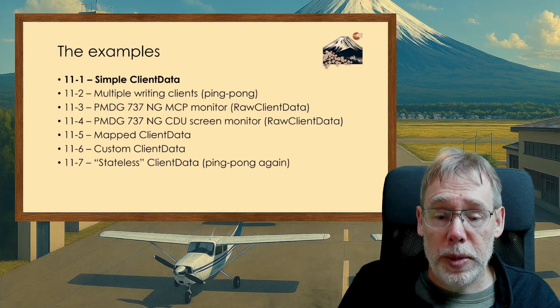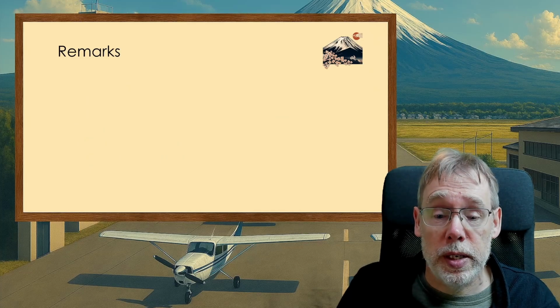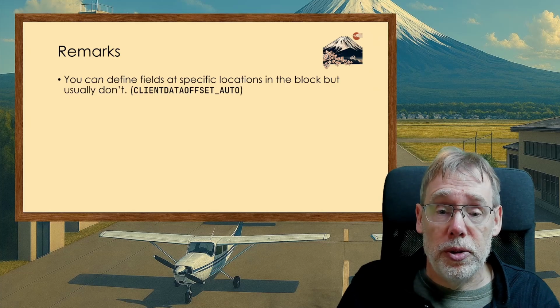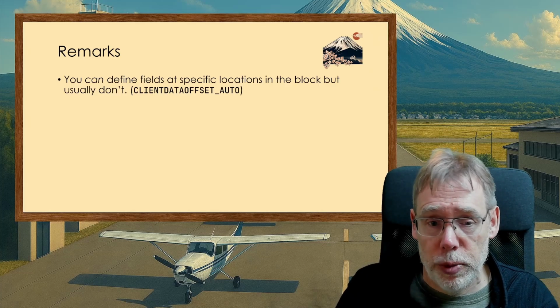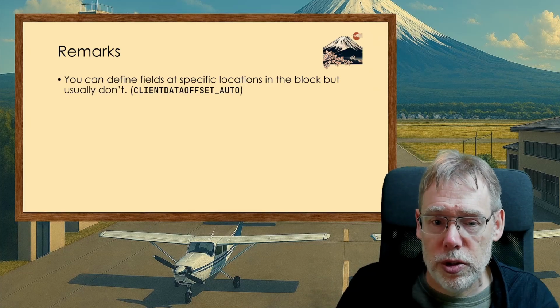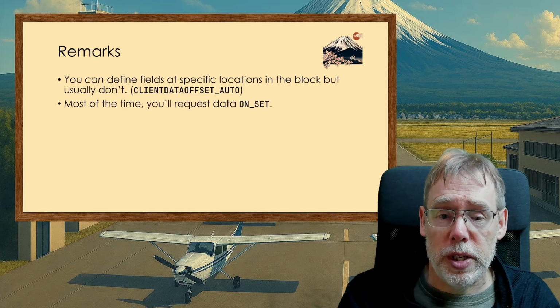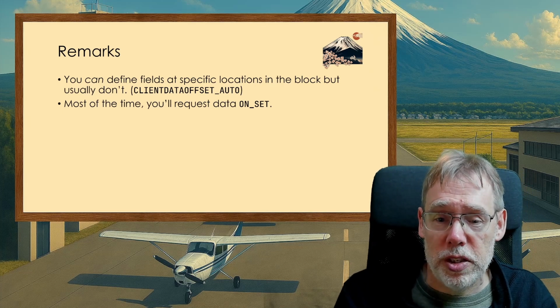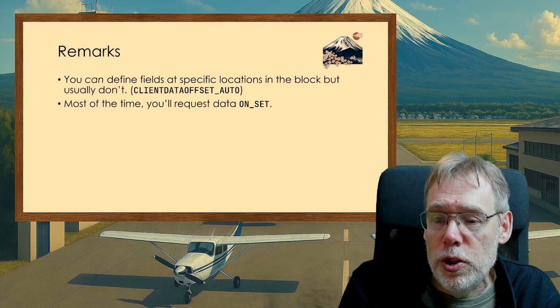Okay, we're back. This was our first demo, but we can gather some remarks. First of all, you can define fields at specific locations in the block, but usually you don't. You just use client data offset auto. Then most of the time you will request data on set because that's simply the easiest way to do it.